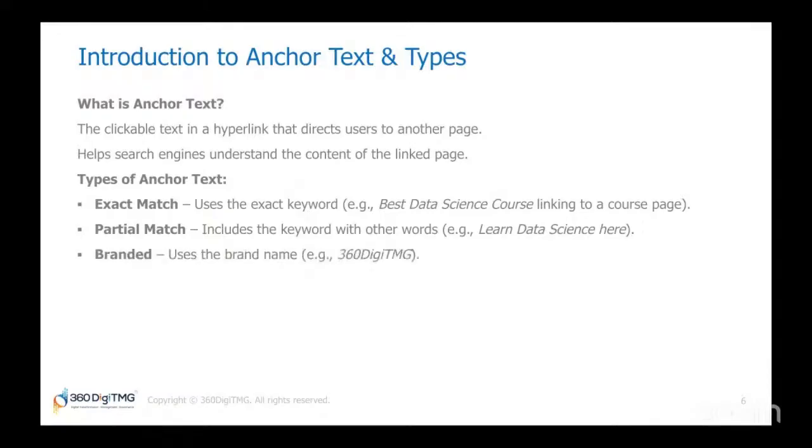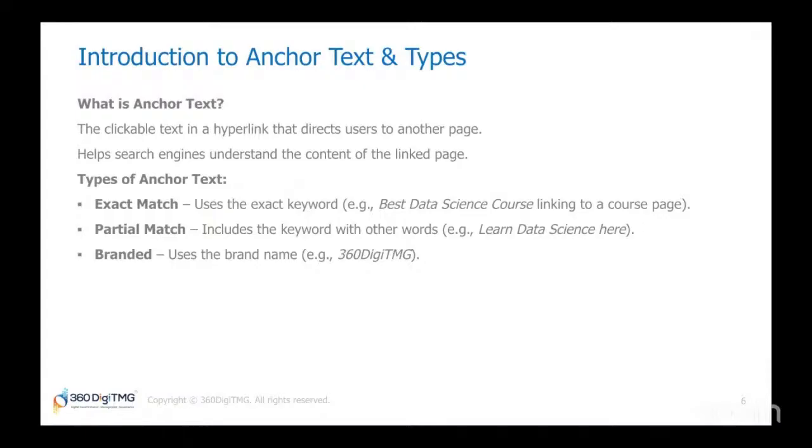And what is the next type of anchor text? That's a branded keyword. Use the brand name in the anchor text. What do you mean by brand name? We can mention our company's name. That's 360DigiTMG, that's a branded keyword.